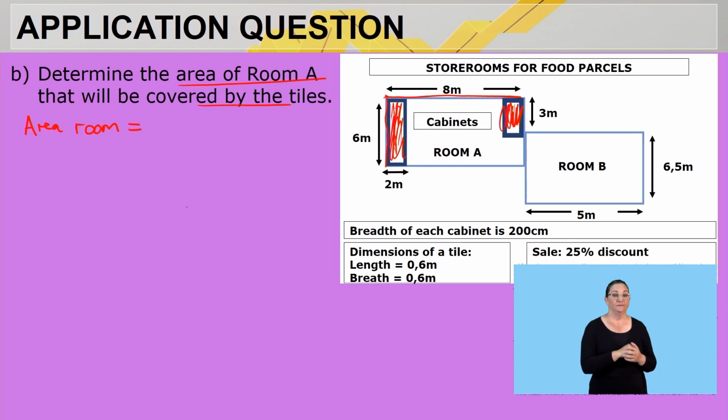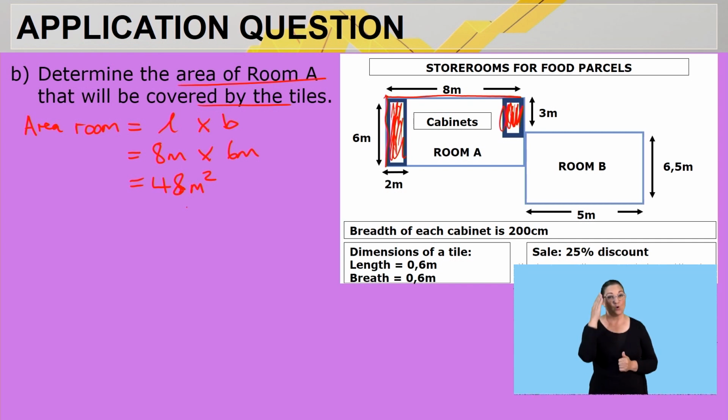So the area of the room will be length multiplied by breadth. It's also a rectangle, so I'll say it's 8 meters multiplied by 6 meters. I know 8 multiplied by 6 will give me 48. And remember, it is area, so I indicate it as meters squared.